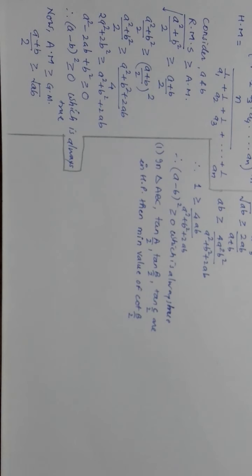If you recollect your 11th standard, we have solved one relation: cot A by 2 plus cot B by 2 plus cot C by 2 is equal to cot A by 2 into cot B by 2 into cot C by 2. If you don't remember, let us solve it and see how it comes.